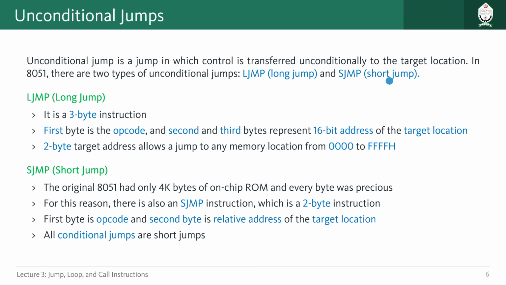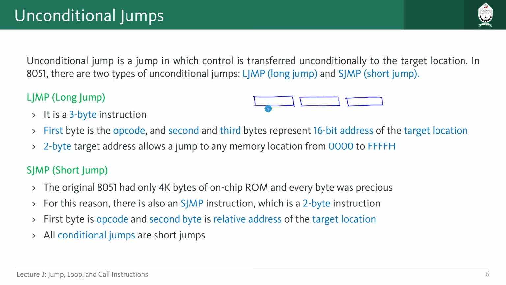The difference between these two is that for long jump, the instruction itself is 3 bytes, and the first byte is the opcode, and the second and third bytes represent the 16-bit address of the target location. So let's say these 3 bytes represent a long jump instruction.